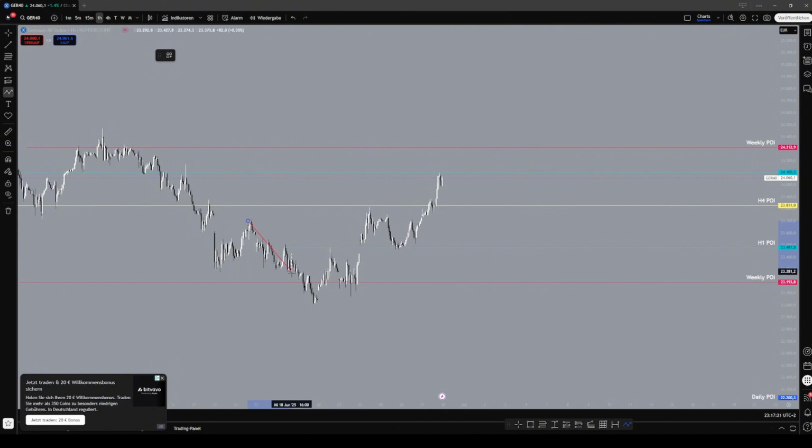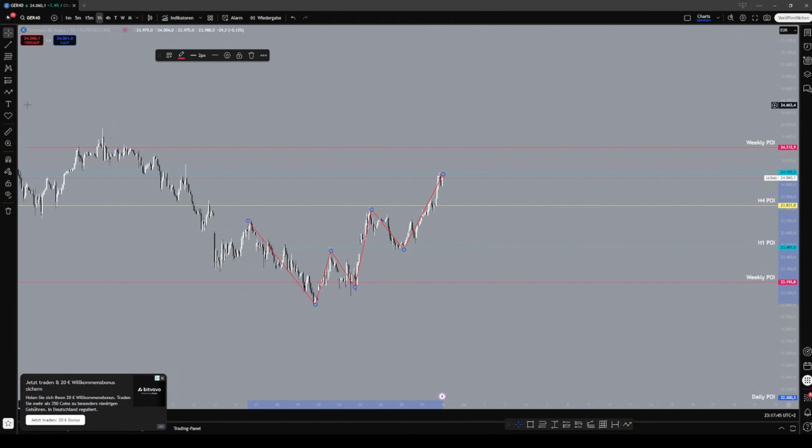You can see at first the trend moved down, and then we formed a low here, and then we had a reversal here. And that was what I told you before. Here you can see the move down we had, the market was in the downtrend and then we shifted.